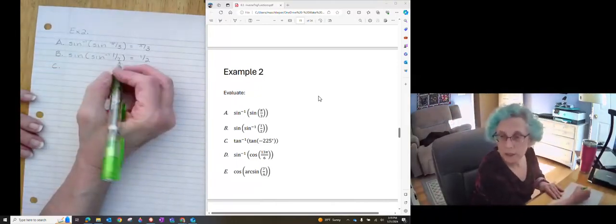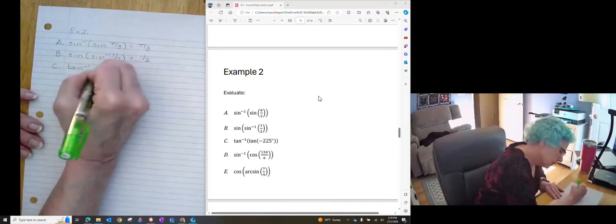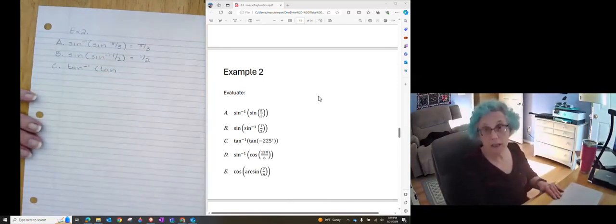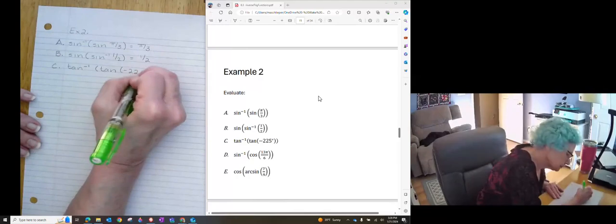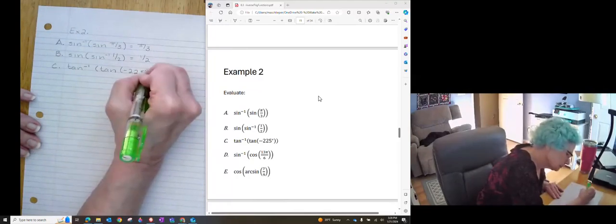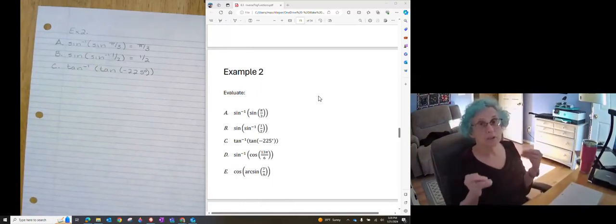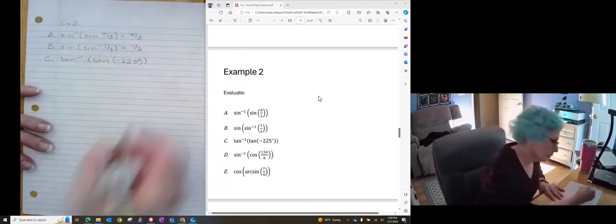Now let's look at the inverse tangent of the tangent of -225 degrees. Now, we've talked about what our restricted domain is in terms of radians, but not degrees.